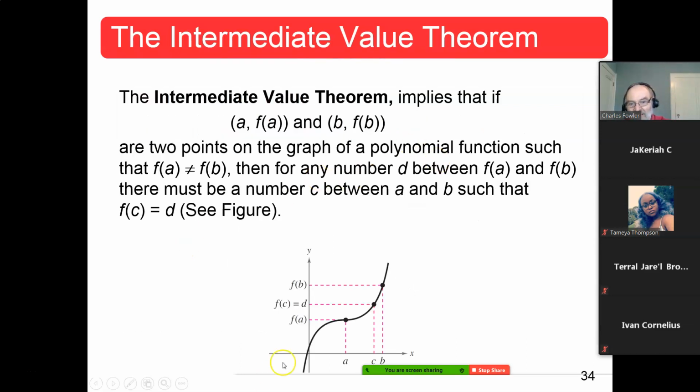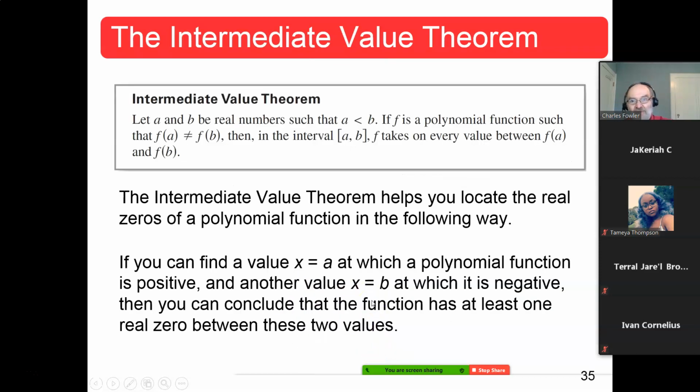Every value in between is accounted for. Every one. For whatever D you choose in between f of A and f of B, you're going to find some C that gives you that value. That's your intermediate value theorem.